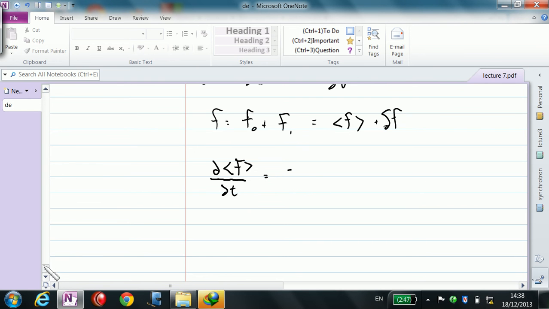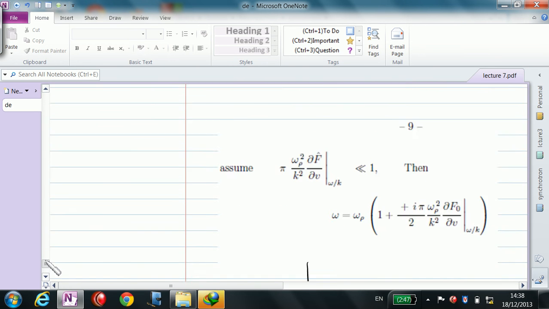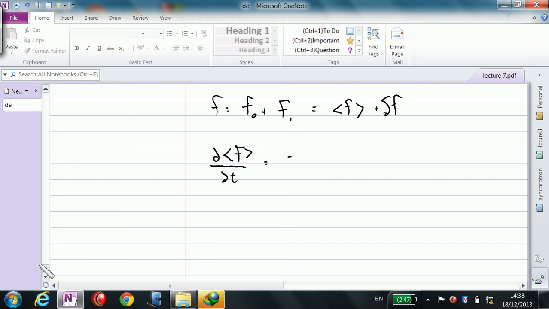So now I just plug back into the Vlasov equation, and what do I have?